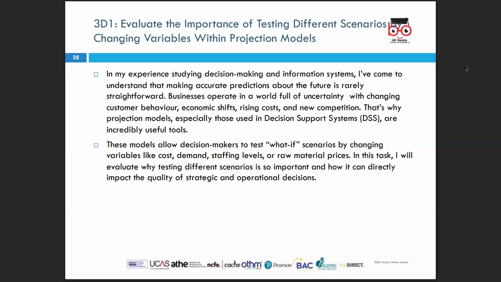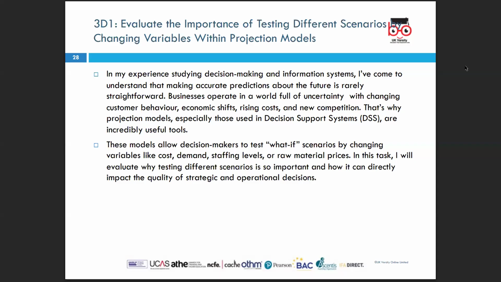Businesses operate in a world full of unexpected events and uncertainty, with changing customer behavior, economic shifts, rising costs, and new competitors. So that's why projection models, especially those used in decision support systems, are incredibly useful tools.